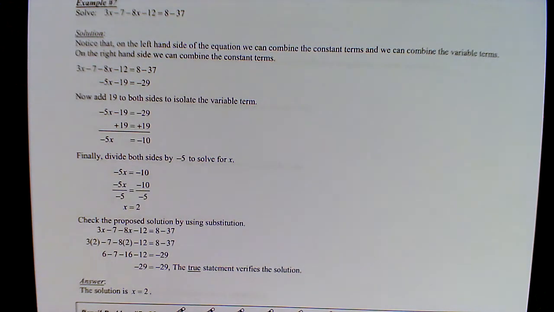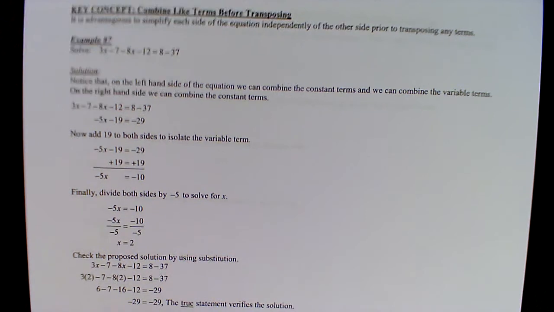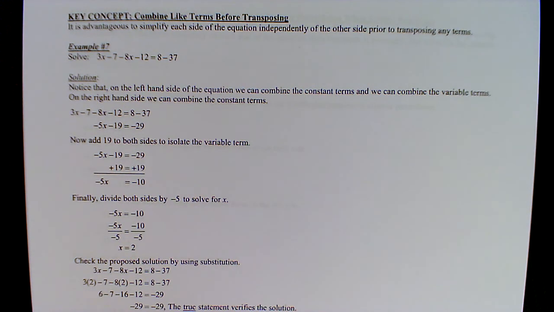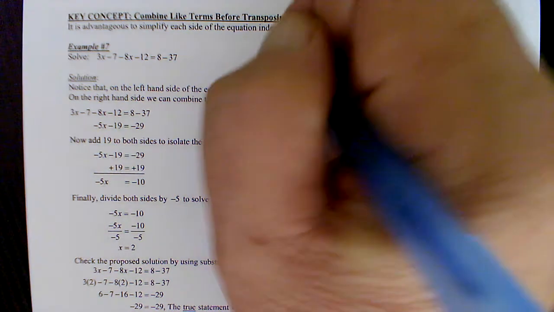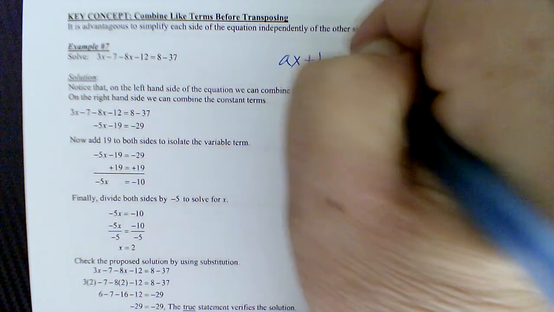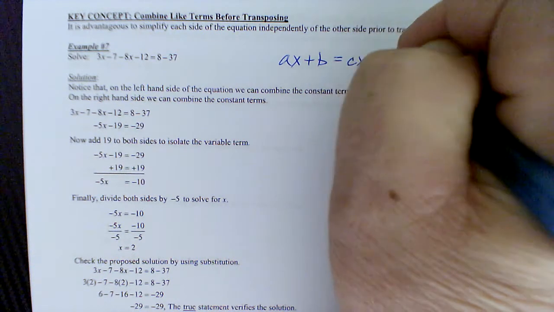So moving on, we have a situation now where we're going to add another step. Before we start transposing, so that's a fancy term that we use to indicate that we're moving terms from one side of the equation to the other. Before we start the transposition, the worst case we should see is ax plus b equaling cx plus d.